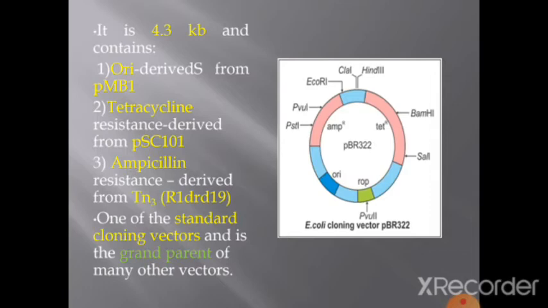On the other hand, in the ampicillin resistance gene there is a site for ScaI, PstI, and next to that you have the SspI region, HindIII region, in between you have the EcoRI target site, and below the tetracycline resistance gene you have the PvuII site, and adjacent to that you have the ORI of replication. So this is how pBR322 looks.